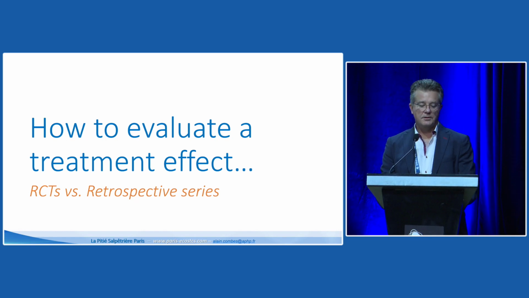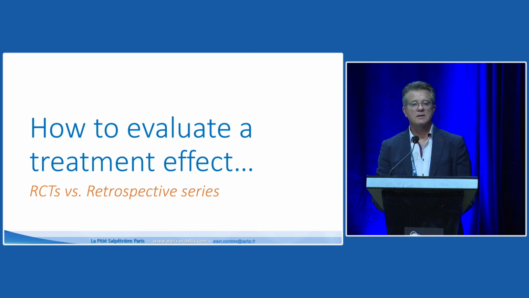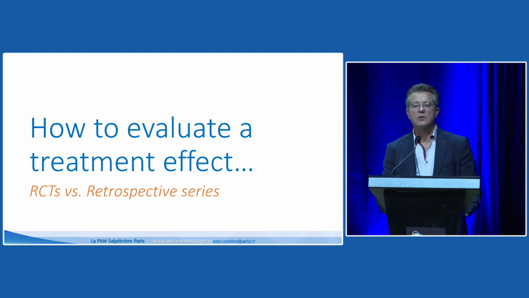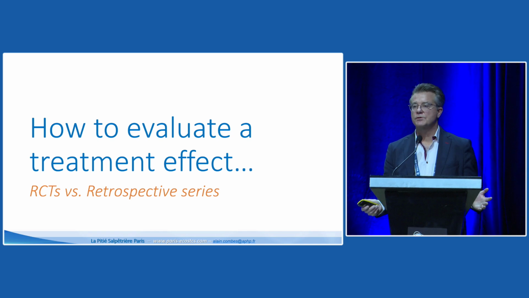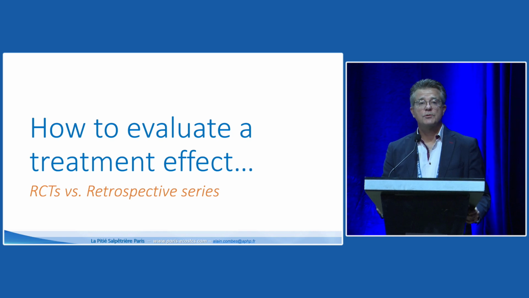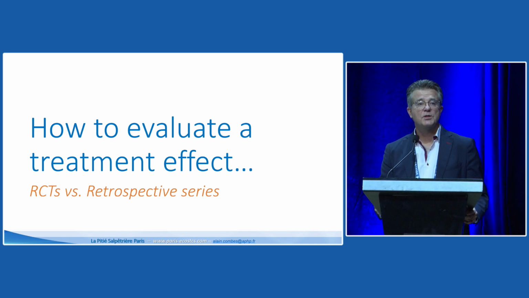Just for an example, during the COVID pandemic, we were not able to launch a randomized study comparing ECMO versus no ECMO. And it's a pity because during those weeks and months, we treated more veno-venous ECMO patients in our ICUs than ever before.